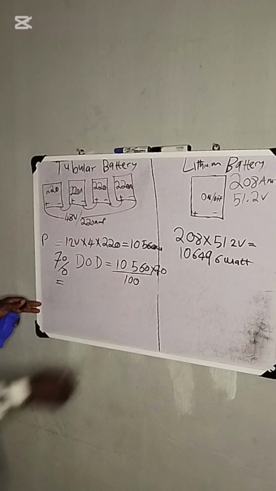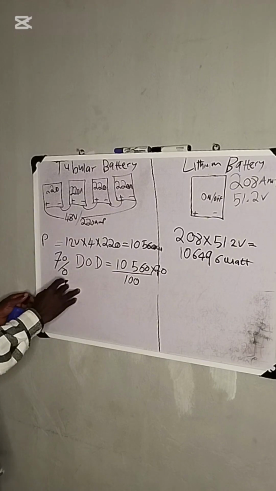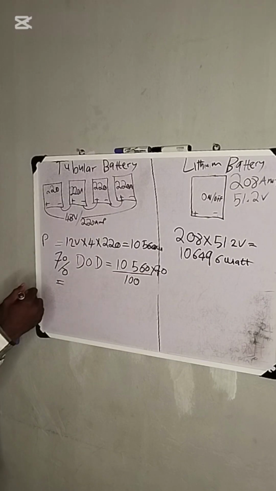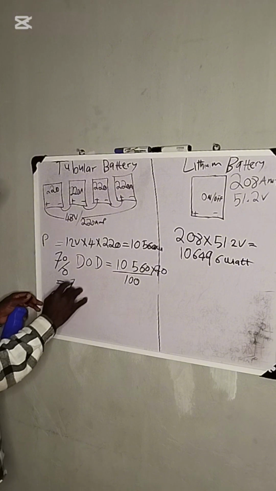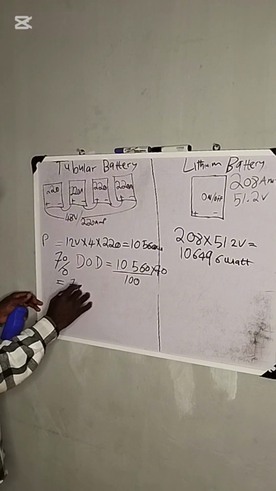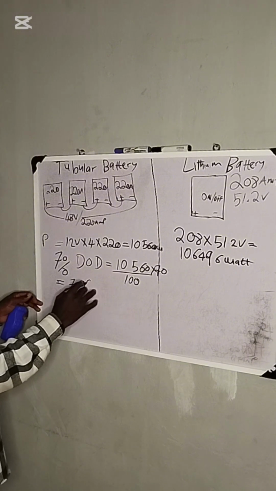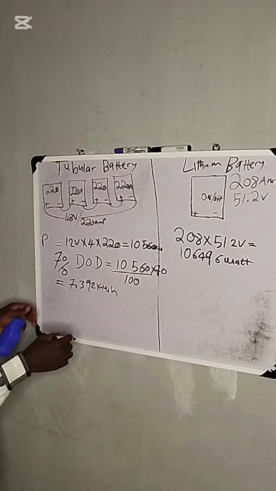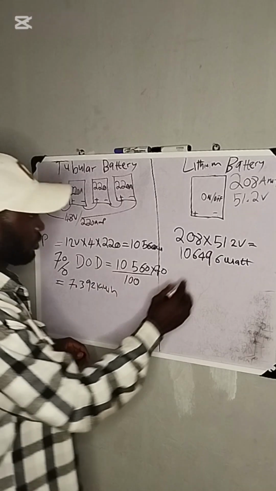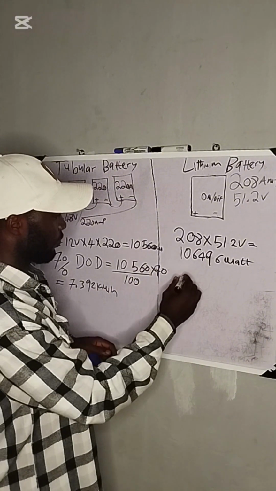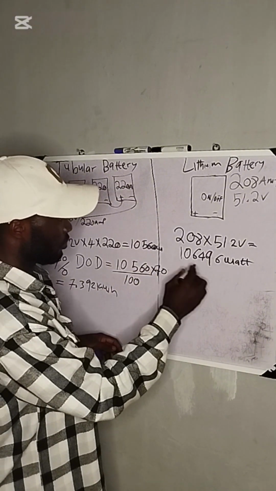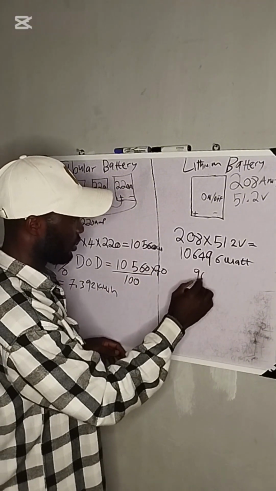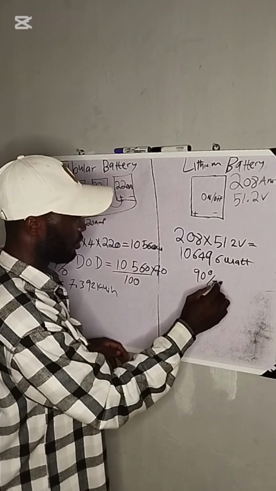So if you punch it, you will get a value of 7.392 kilowatt hours. So let's come to this side. Consider 90% discharge of this lithium battery.